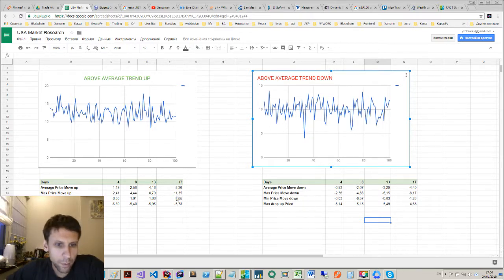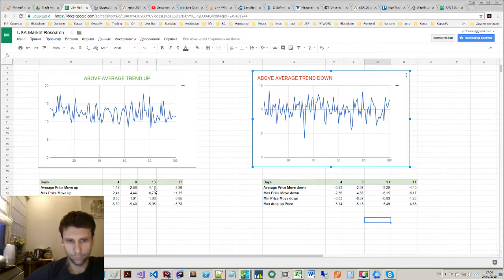And the measurements show that on average, the price moved up for that kind of scenario 4.18%. That's during 13 bars, and you can see what it did for 4, 8, and 17 bars as well. And attention, this is only for the cases where it actually stayed there for 13 bars.